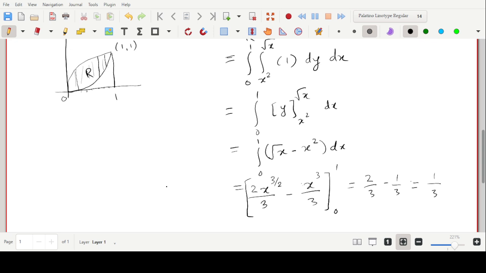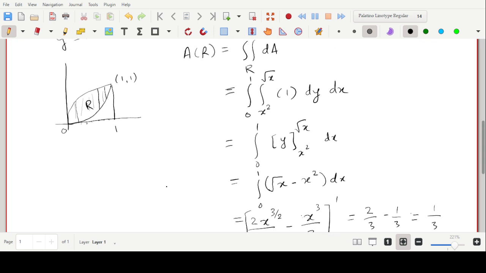So now this will to some extent show you the power of double integral, because here you can see that we computed the area of this region quite easily, so to say.